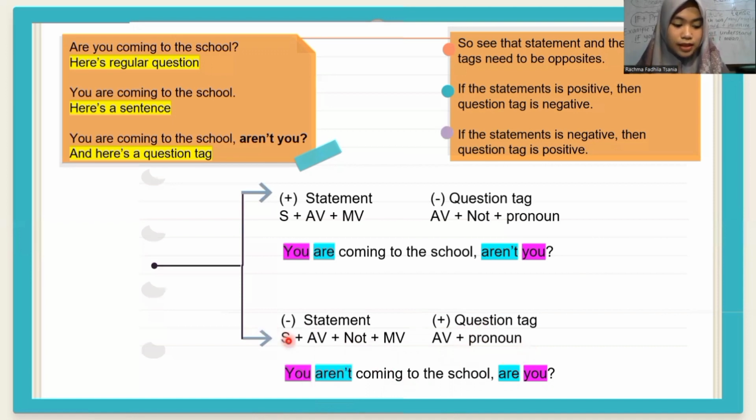You is the subject, are plus not is the auxiliary verb, and coming to the school is the main verb. Then the question tag, are you: are is the auxiliary verb and you is a pronoun. And we have a personal pronoun which matches the subject.